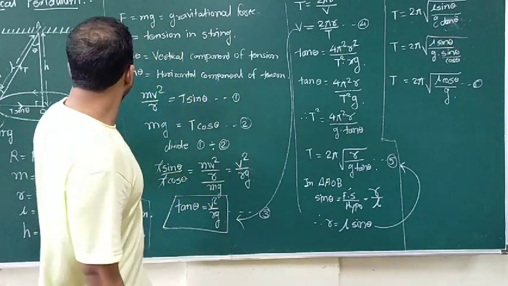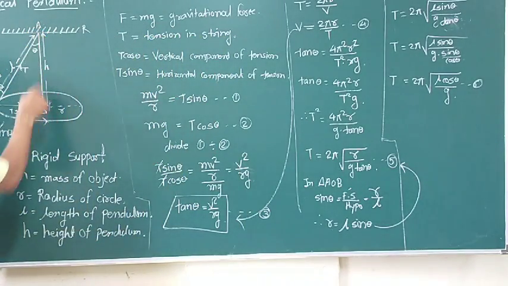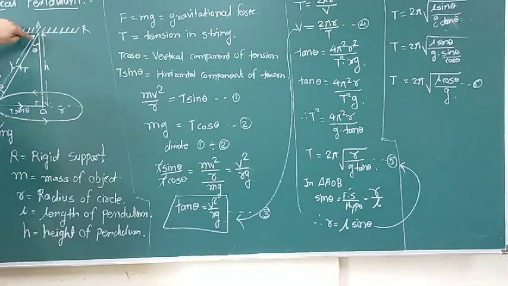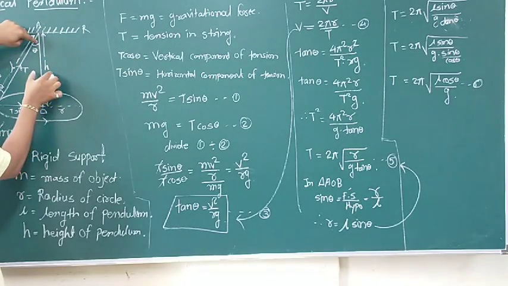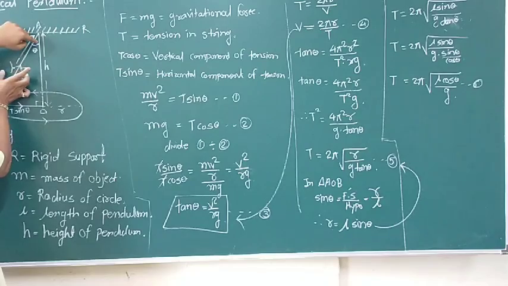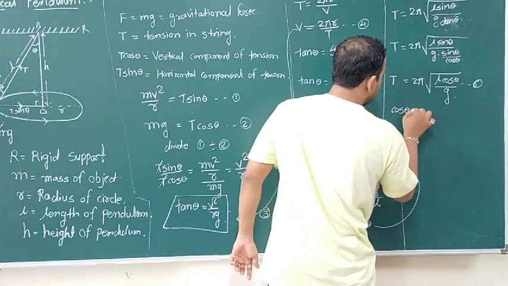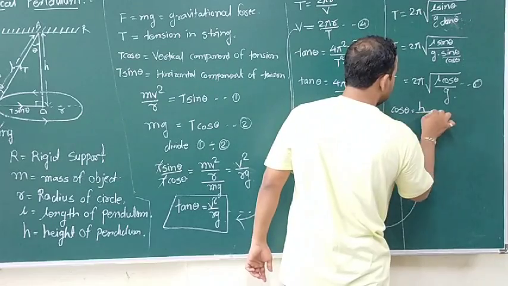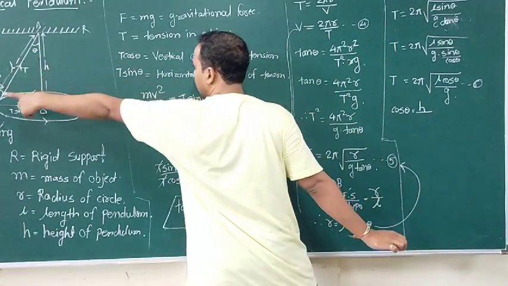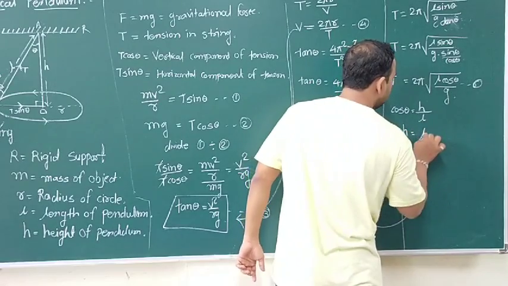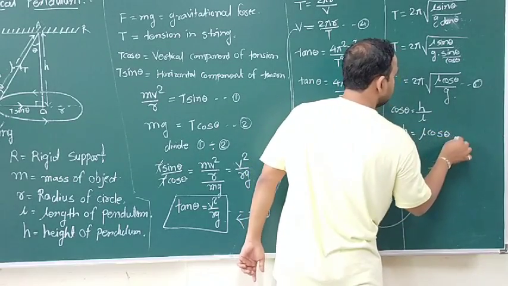From this triangle AOB, cos theta is equal to adjacent side divided by hypotenuse. So cos theta is equal to adjacent side, that is height H, upon hypotenuse, that is L. So H is equal to L cos theta.